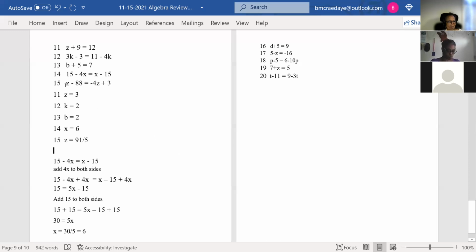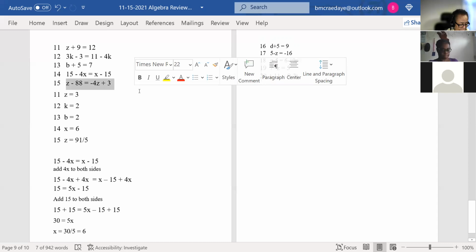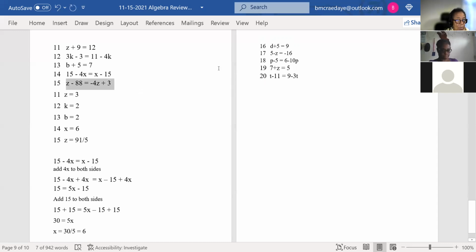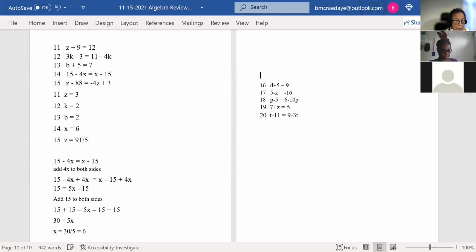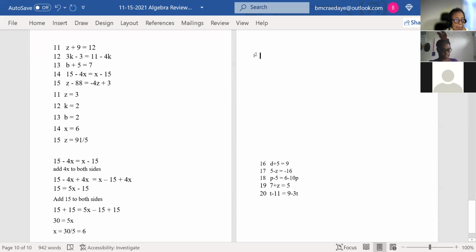Okay, so this is Z minus 88 equals minus 4Z plus 3. So what did you do first, Maureen? Let me copy this. I was trying to do Z first.